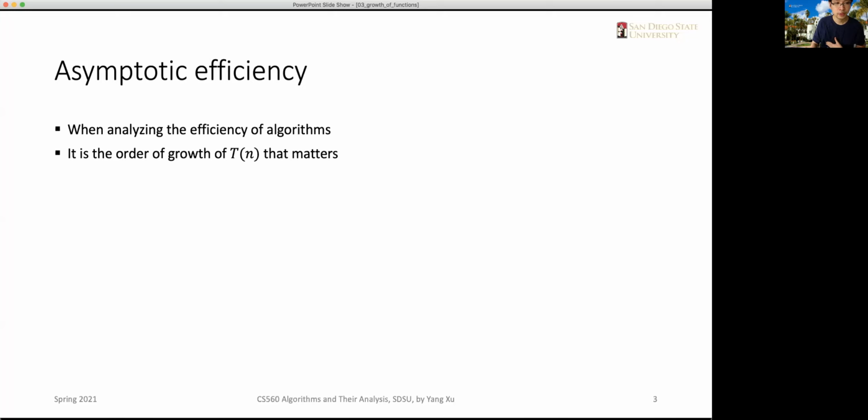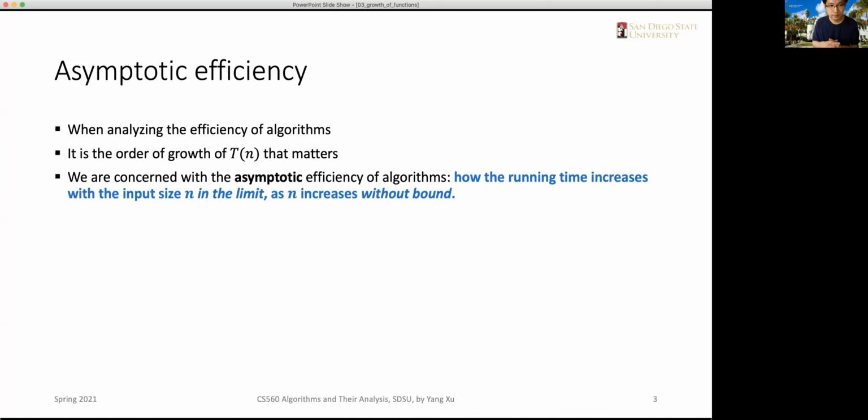So we want to determine the order of growth for the target function T of n, because that is really what matters. The asymptotic term means that we want to study how the running time, the function T of n, increases with the input size when n is approaching infinity without a bound. That is the property we want to analyze. It is not within a small region of inputs, say below 100 or below 500.